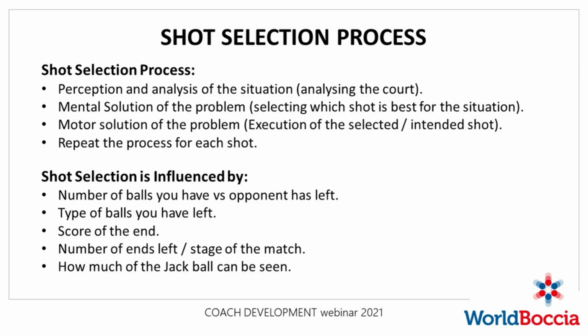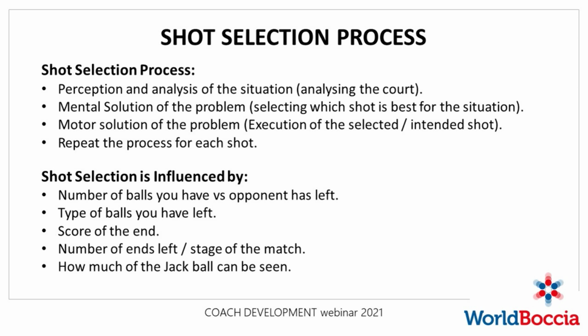I think it's important when we're talking about the shot selection process. The first stage in this is the perception and analysis of the situation, or to put that more simply, basically analyzing the court. What does it look like out on court? What setup of balls do we have around the jack?